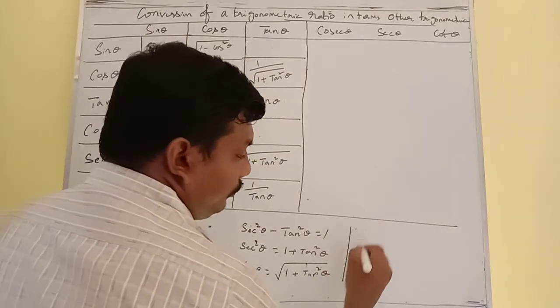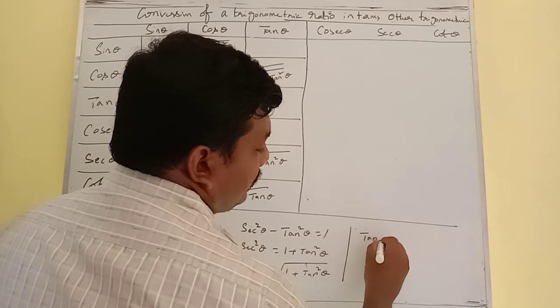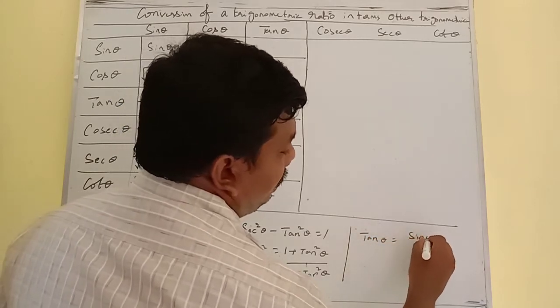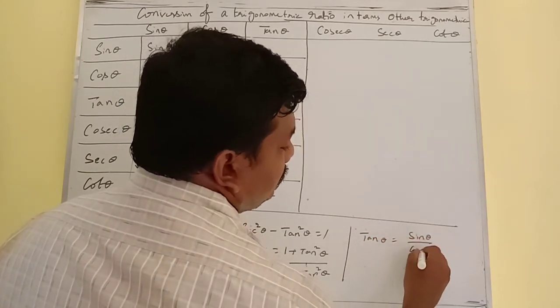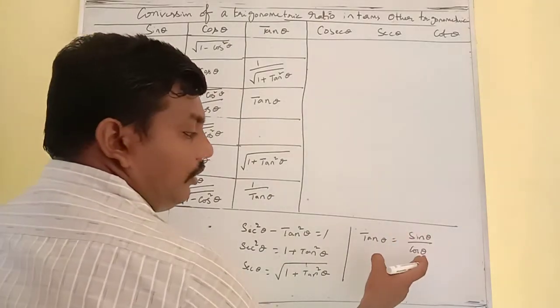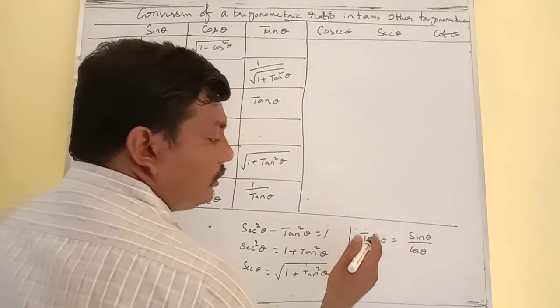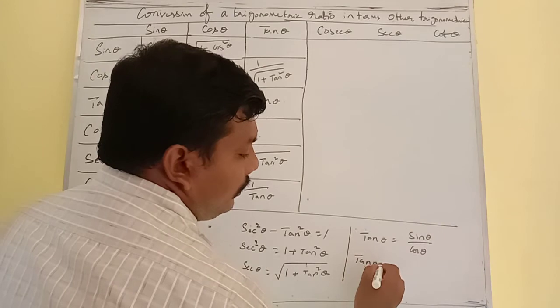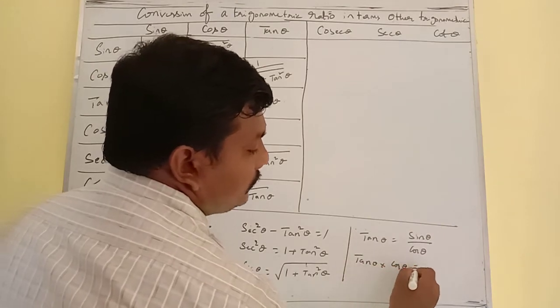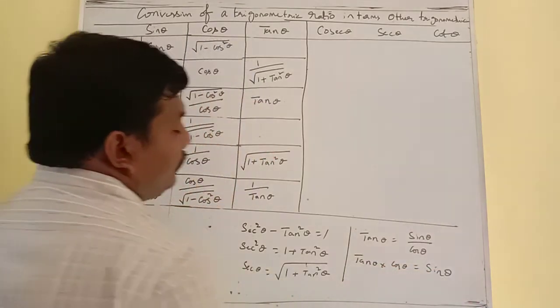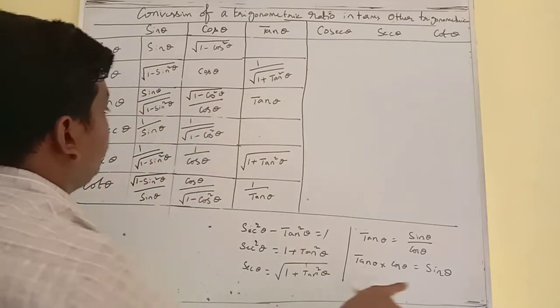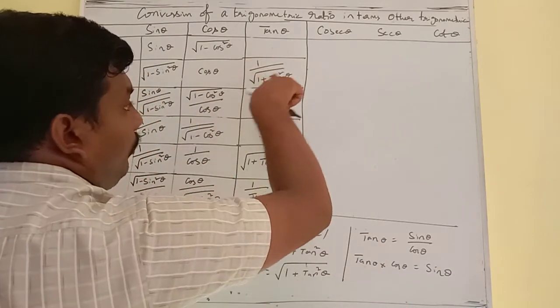So we have to use the formula tan theta is equal to sin theta by cos theta. To find sin theta, we multiply tan theta with cos theta. That is tan theta into cos theta, equal to sin theta. Then what about cos theta now? The cos theta value we have, that is 1 by root of 1 plus tan square theta.